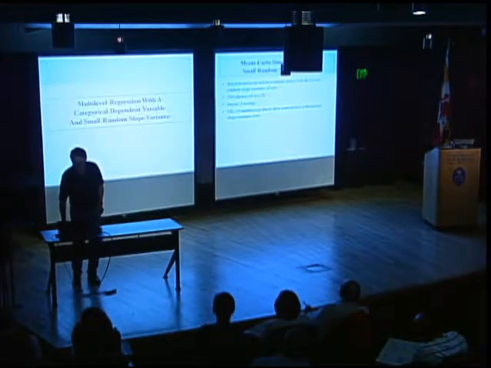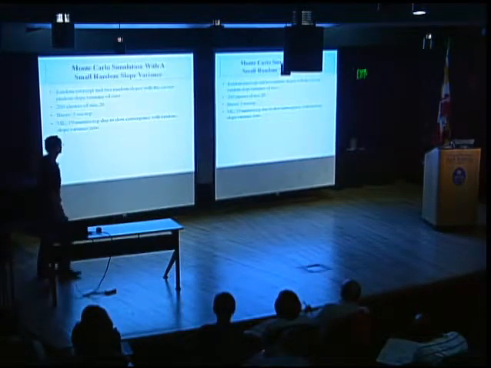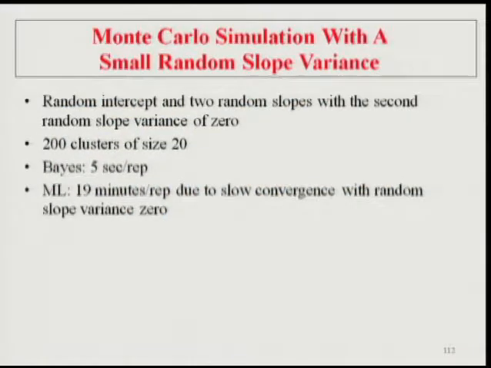So we're still in the situation where we have multi-level modeling and random slopes that we want to estimate. In this case you have a Monte Carlo simulation, and you have a random intercept and 2 random slopes. It's fairly realistic that you don't have too many slopes that need to be random in multi-level regression.